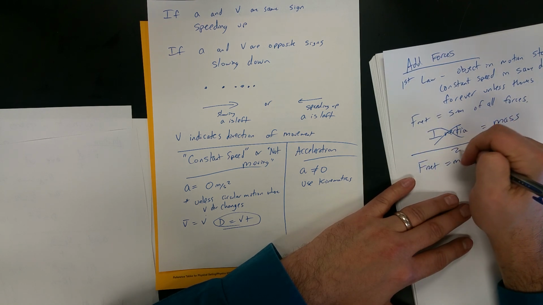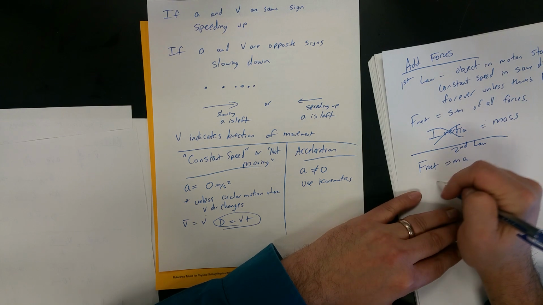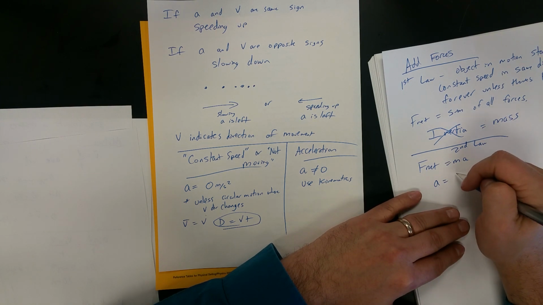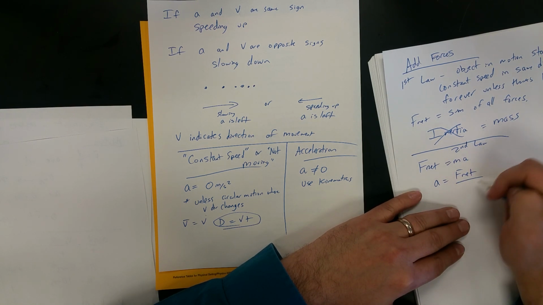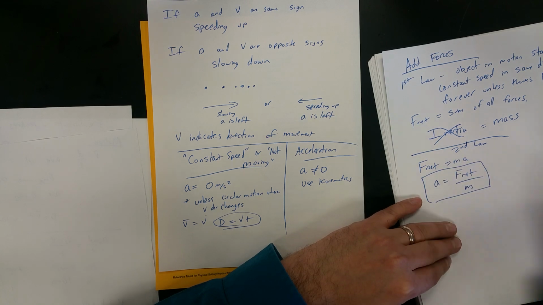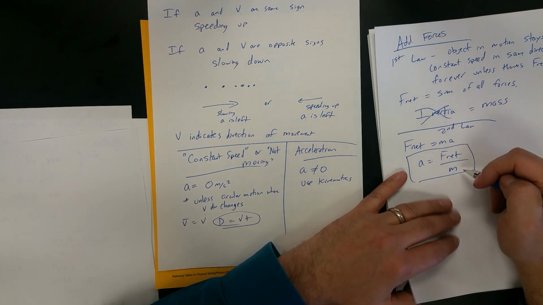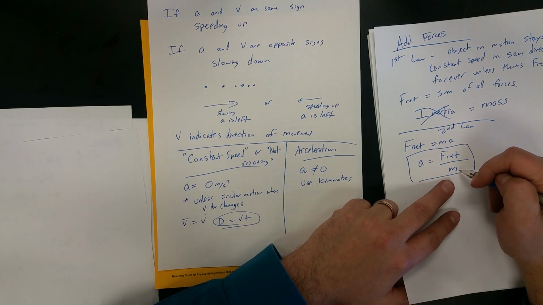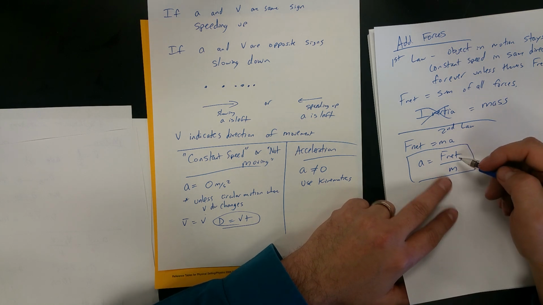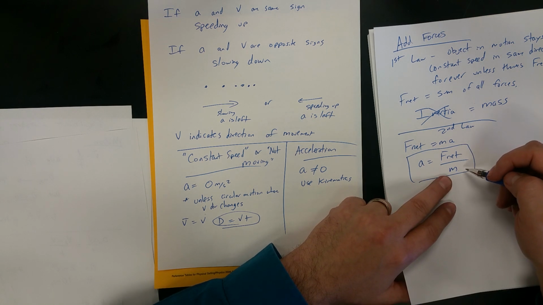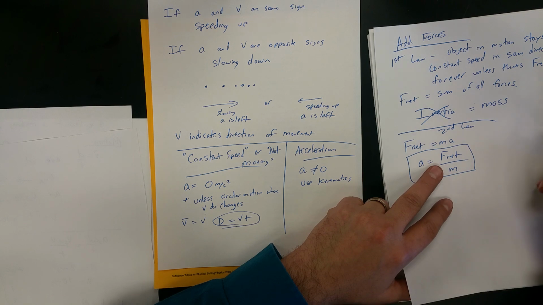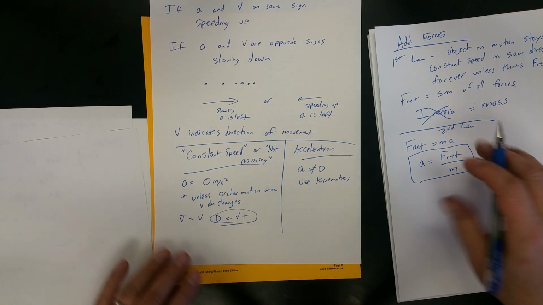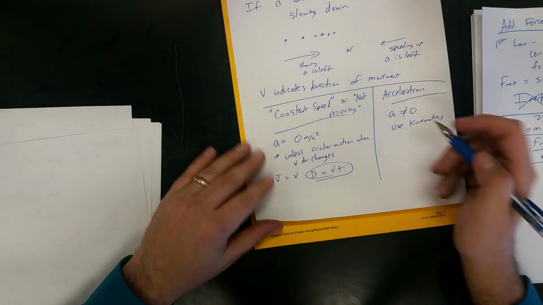So we are now on the second law. On the reference table, it's written as acceleration is net force over mass. So an object with less mass will have a bigger acceleration than an object with more mass if they have the same net force acting on them. So let's go back to the constant speed versus acceleration thing.